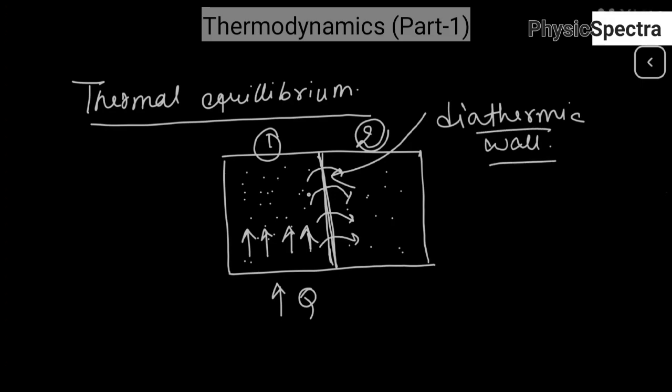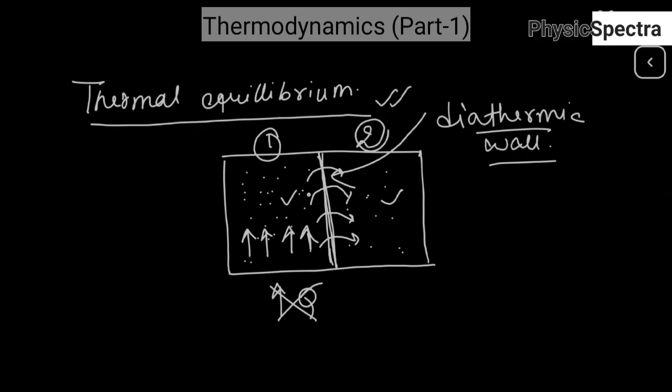Because it is a diathermic wall. Now, as time progresses and as we stop this heat, we will see that a time comes when these two chambers will have the same temperature, isn't it? And the transfer of heat will stop. Now, thermal equilibrium is achieved when this happens.